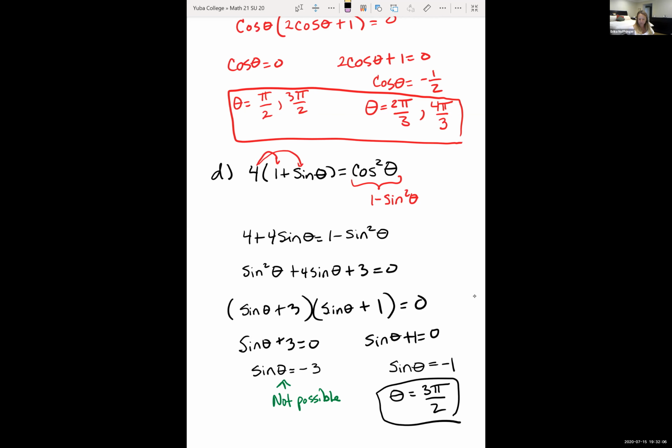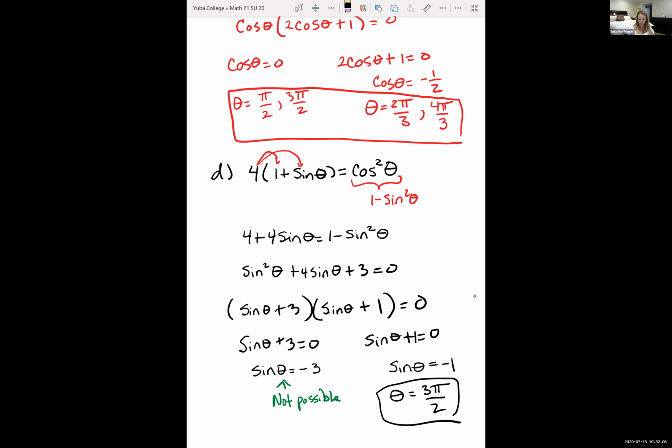These actually came out pretty nicely. So prove the following. Here you had sine squared theta all times 1 plus cotangent squared theta. We want to show that this is equal to 1. So we're only working with one side here.